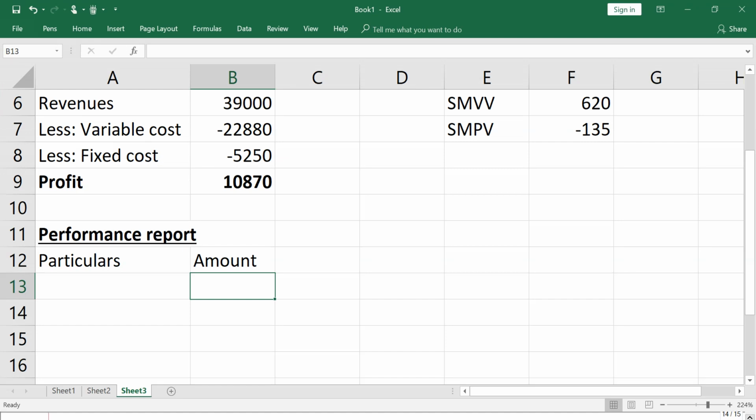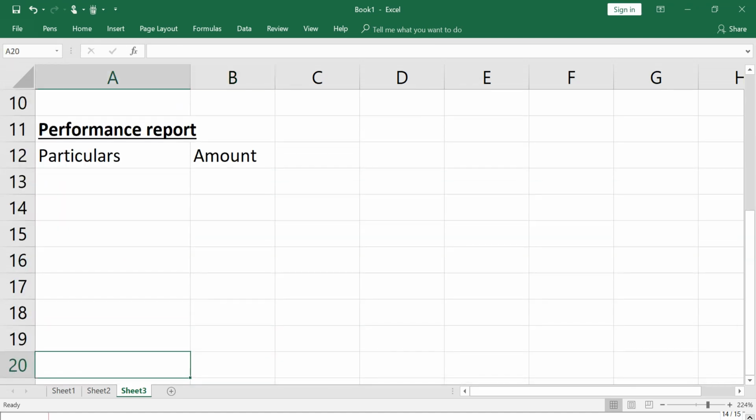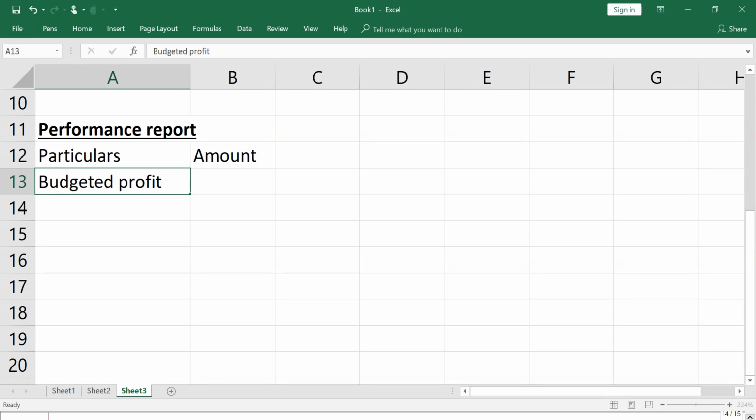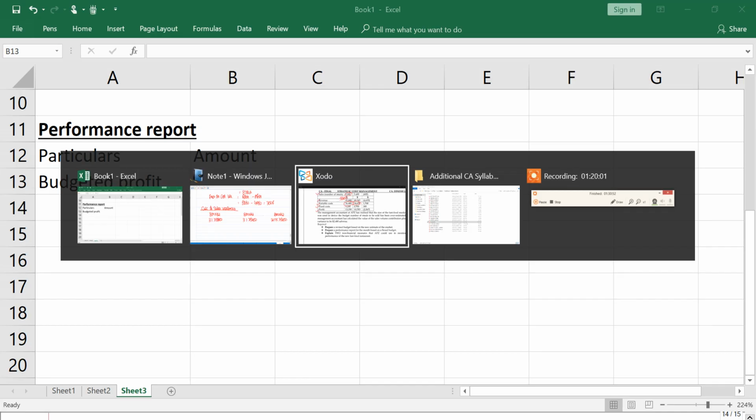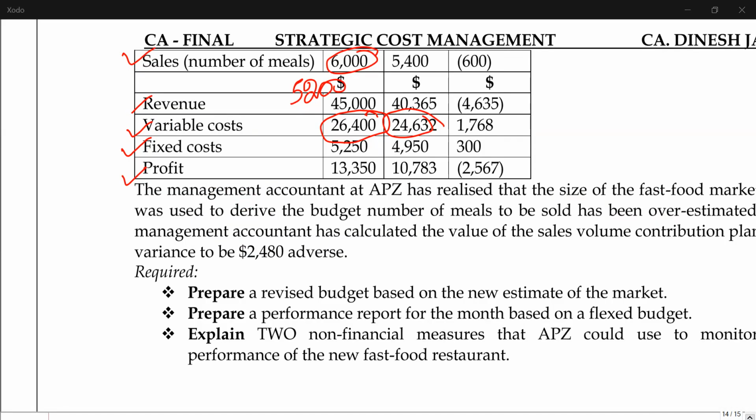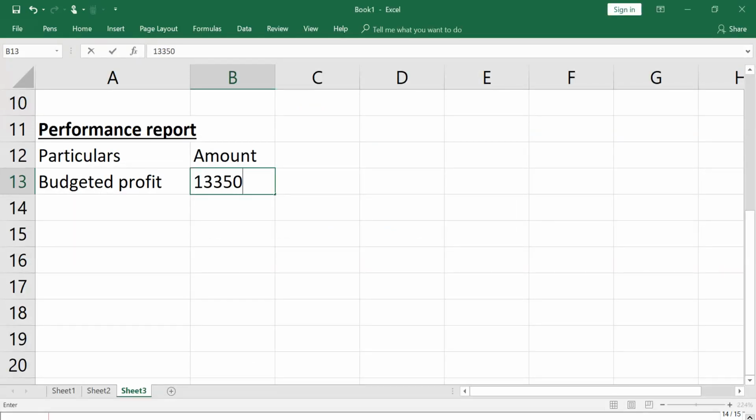Particulars and amount. Now, let's start with budgeted profit as given in the question. What was the number given in the question? 13,350. Budgeted profit is 13,350.